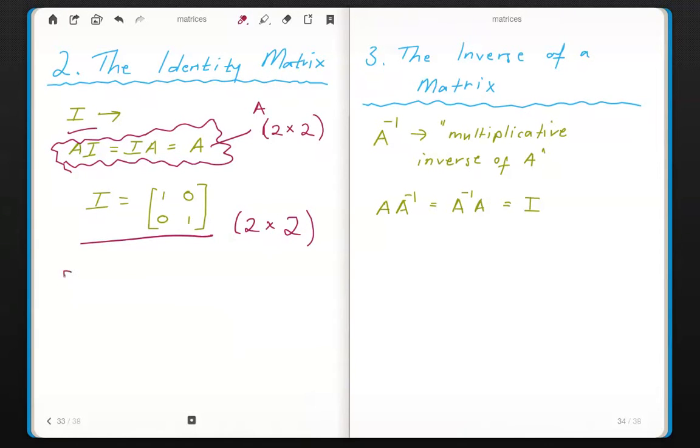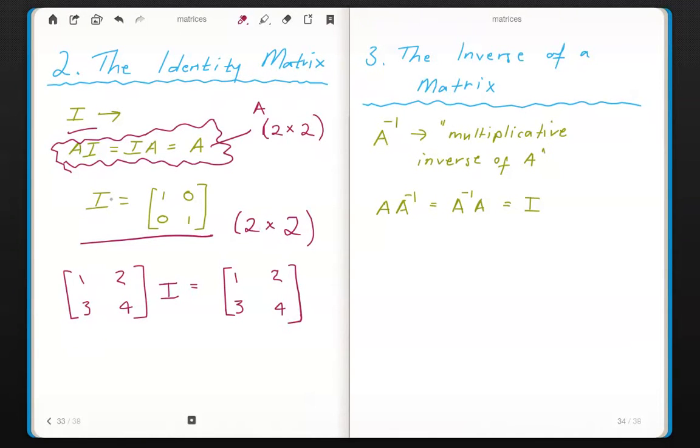So if I had 1, 2, 3, 4 times I, the answer will be 1, 2, 3, 4. And that's something you can check if you don't believe me, but you should always check. Don't assume that I'm telling you the truth.